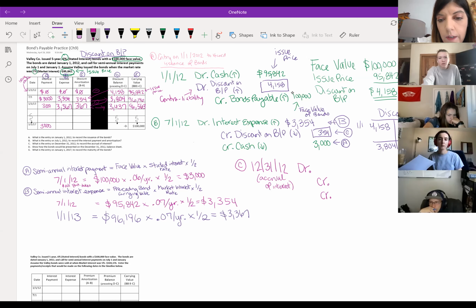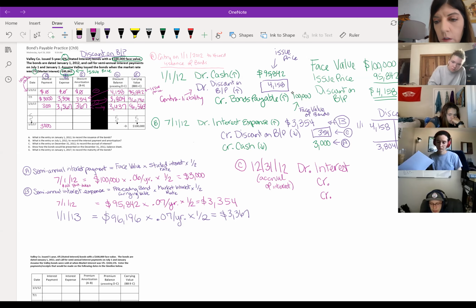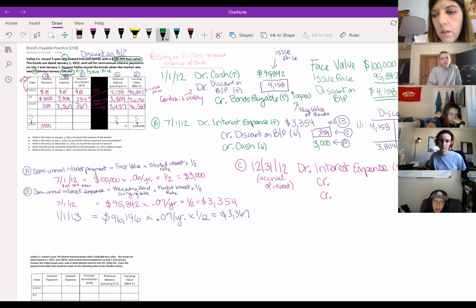Interest expense. Yep. This was from chapter 3. We covered this one. Debit interest expense, increasing interest expense for how much? What column am I looking at? 3,000. Yep. Column B, 3,367.